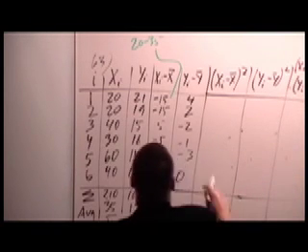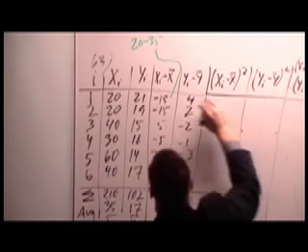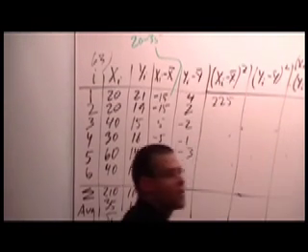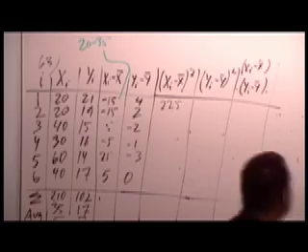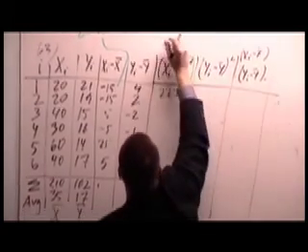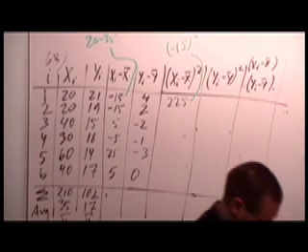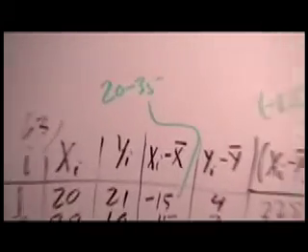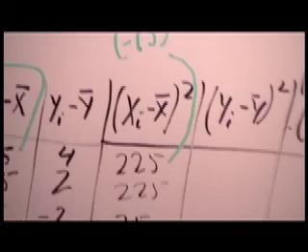We have minus 15 squared, that's 225. And adding them all up gives us 1150, which we labeled as the sum of squares.